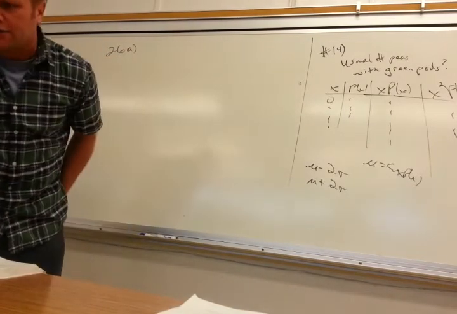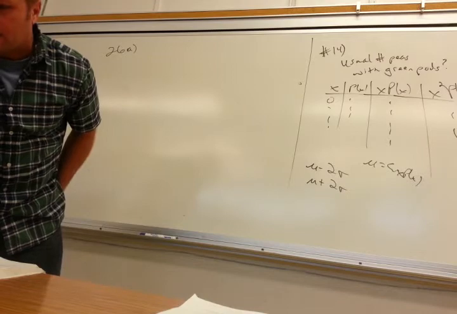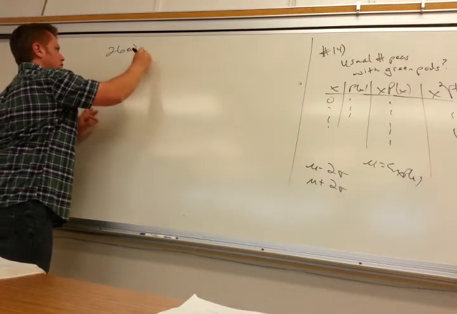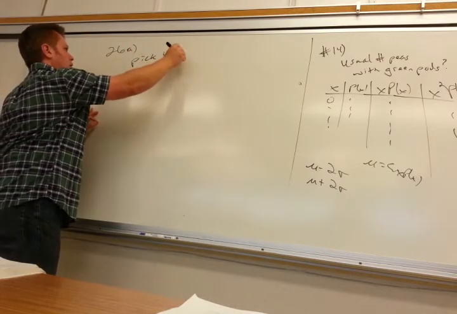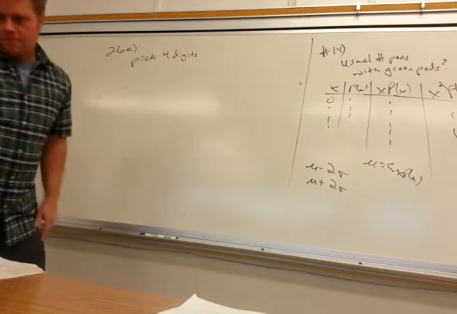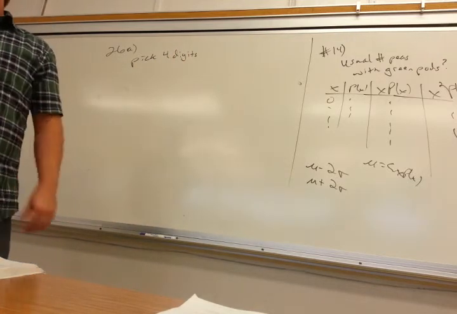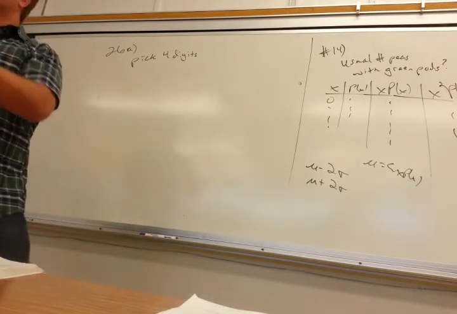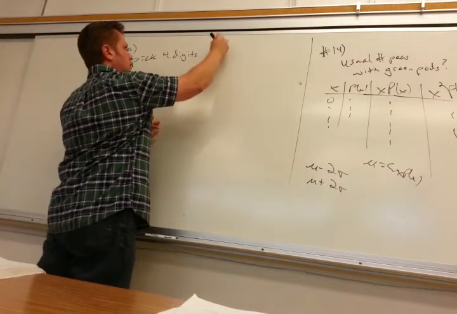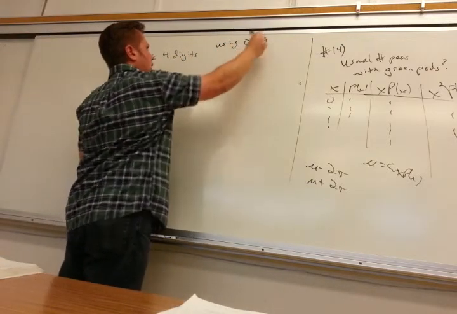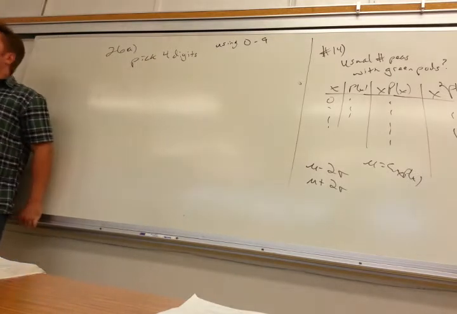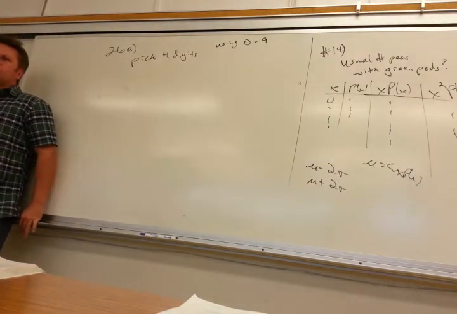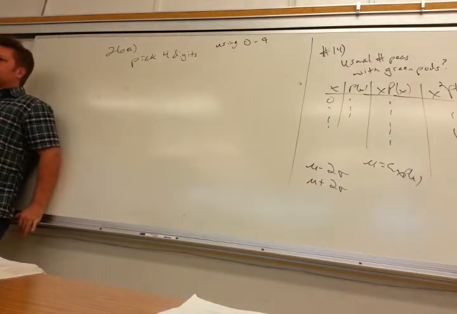So this one's about, you can pick 4 digits. And I'm going to help you out. They're a little bit reticent to really let you know what's really going on here. Using 0 through 9, how many 4-digit numbers can you come up with? That sounds a little freaky, but it's not.